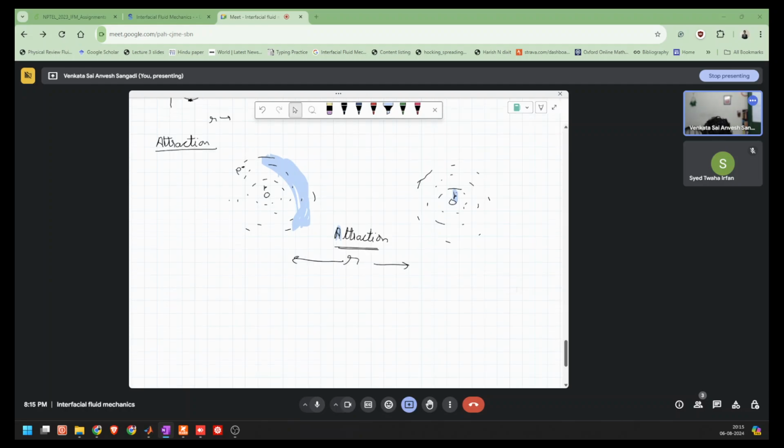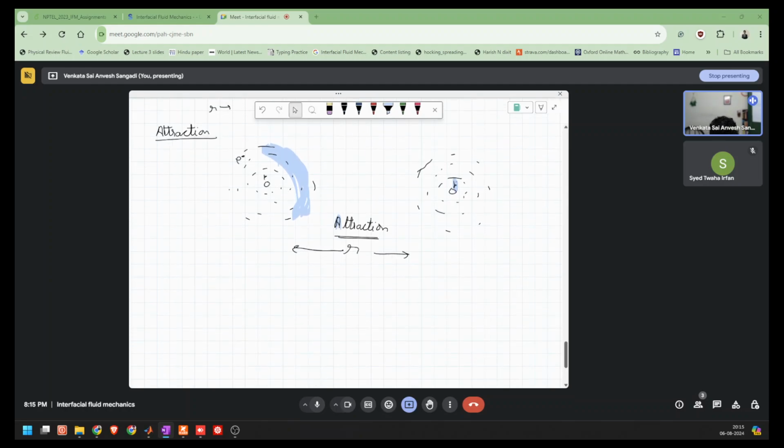And when you get close enough, you have a proton here and you have the electron cloud.